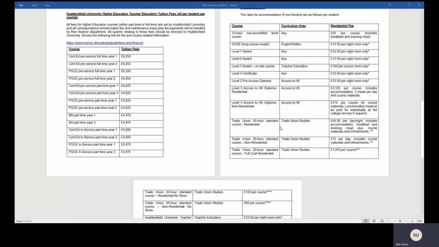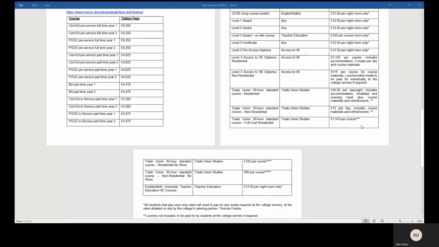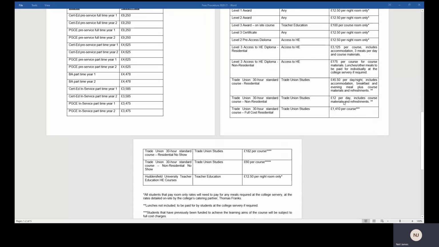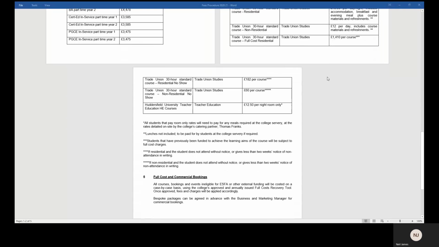Rates are there also for the TU standard 30-hour residential course, and the non-residential rate for TU as well, and a full cost residential rate if it's payable per student. Okay. We also charge for no-shows for TU, and those rates are there as well.